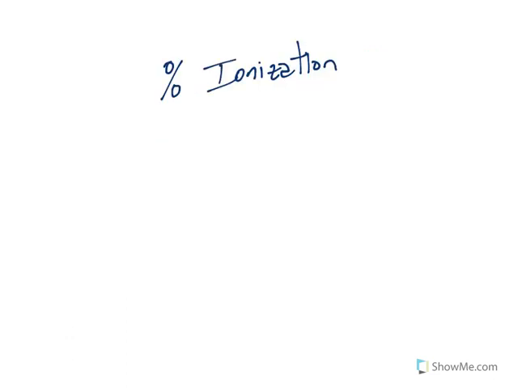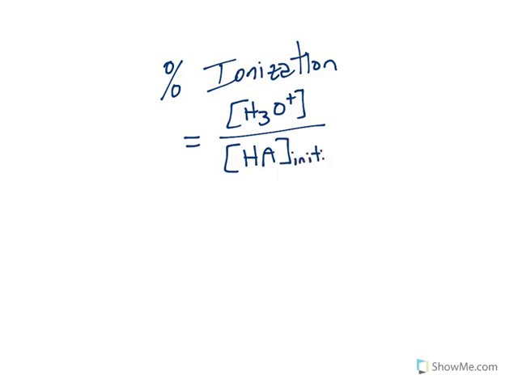The next slide in your PowerPoint is talking about percent ionization. And percent ionization for acids literally just means what percent of your acid dissociated. So percent ionization is equal to the concentration of your hydronium ion at equilibrium divided by whatever the initial concentration of your acid is. And so here, notice that I put HA.